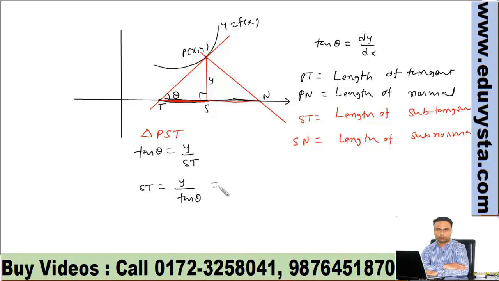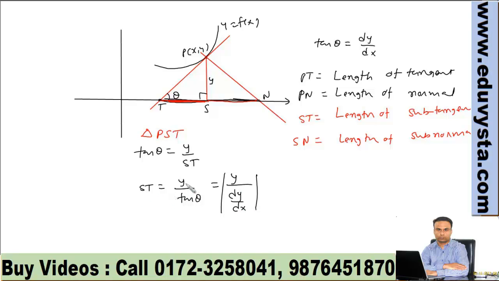And what is tan theta with respect to point P(x, y)? That is dy by dx. Since length is involved and y and dy by dx can be negative, to ensure that the length is positive, we put a modulus sign. So |y upon dy by dx| is the length of subtangent.